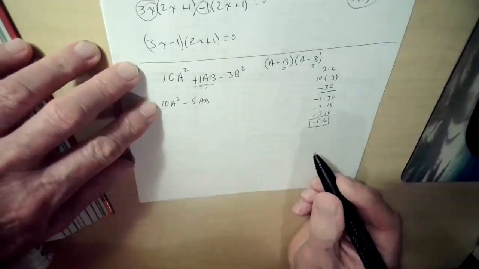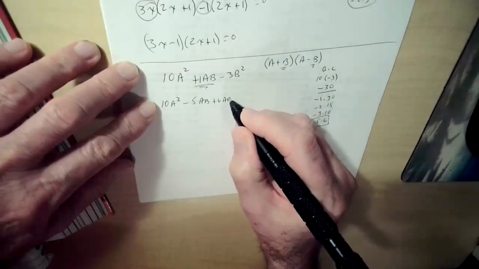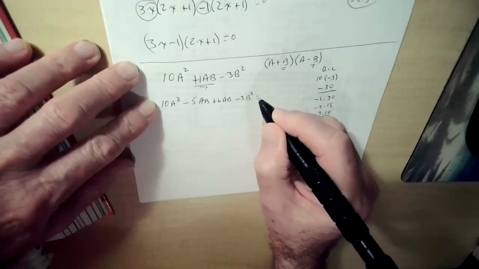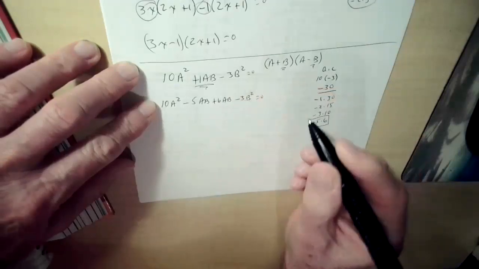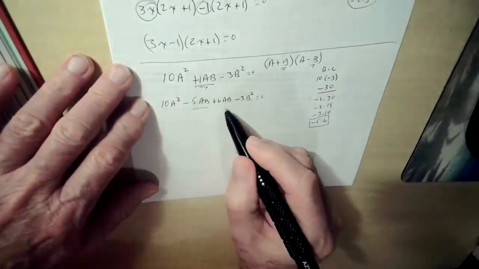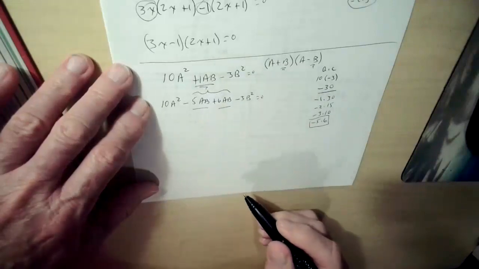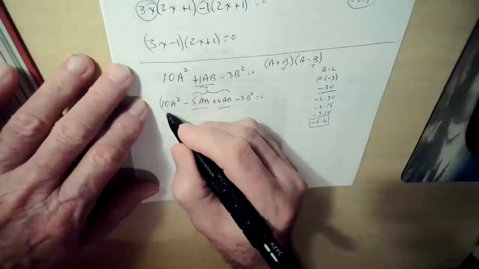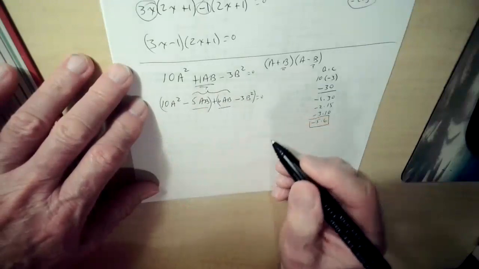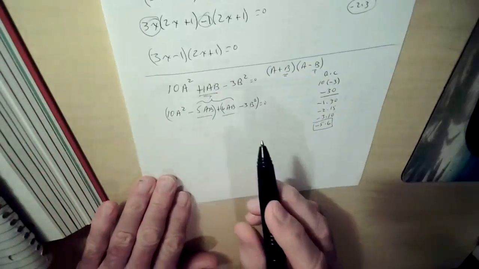Minus, remember, now this is ab, so this is going to be negative 5ab plus 6ab minus 3b squared equals 0. Remember, this and this are the same thing as that. Just split them up. So now we do grouping.